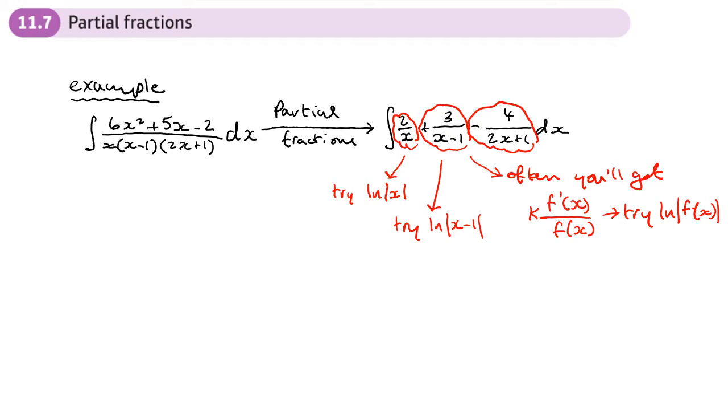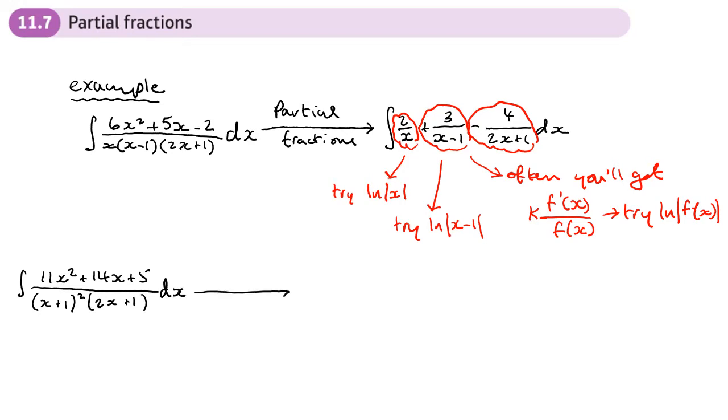If I had repeated factors, so let's say for example I was asked to integrate something like this, 11x squared plus 14x plus 5 all over x plus 1 all squared, so we've got a repeated factor here, 2x plus 1 dx.